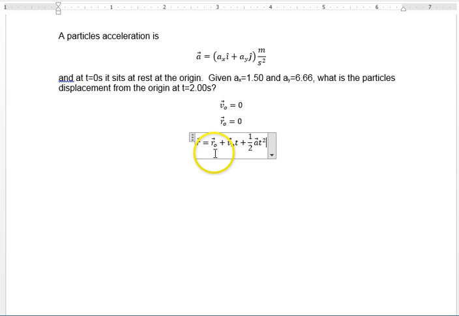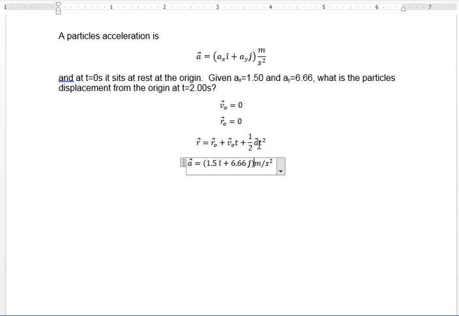We already know r naught, we know v naught, and we know a because it's given up here, right? So a is 1.5 i hat plus 6.66 j hat meters per second squared.